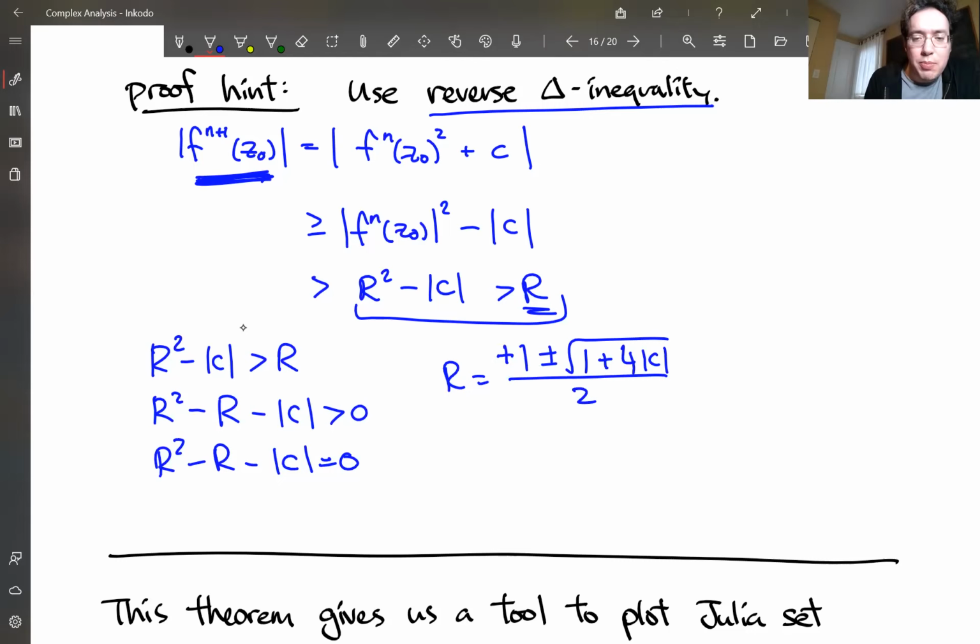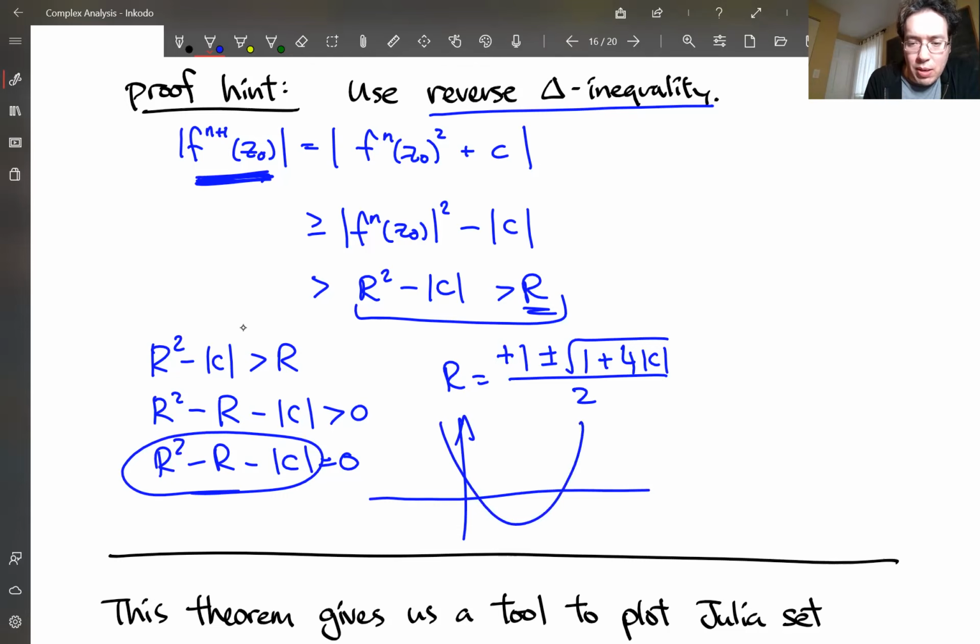If I graph this function right here, it crosses the x-axis twice, plus and minus. So this is 1/2, and it's plus or minus something from 1/2. And everything after this, if the radius is bigger than that, it will be greater than 0.